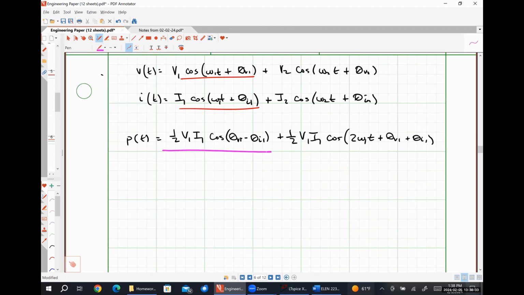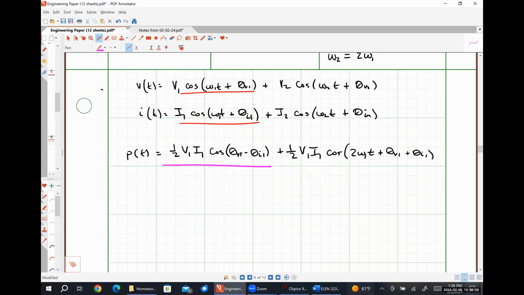This part right here that I underlined in pink is a DC term. It exists only because I'm multiplying an omega 1 thing by an omega 1 thing. When I multiply this guy by this guy, I'm going to get a similar expression, with a DC term and then an AC term.